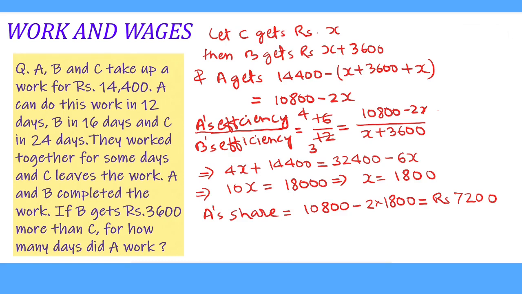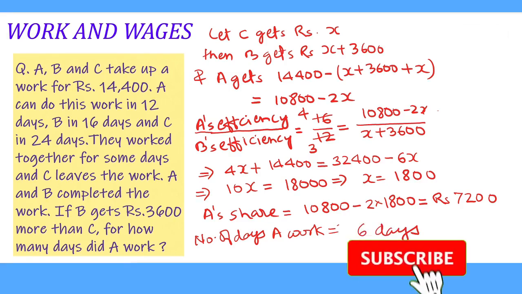So A gets rupees 7,200. When A works for 12 days, he gets 14,400. Now he gets rupees 7,200, which is half of 14,400, so he will be working for half of the 12 days, which is 6 days. So the number of days A worked is 6 days.